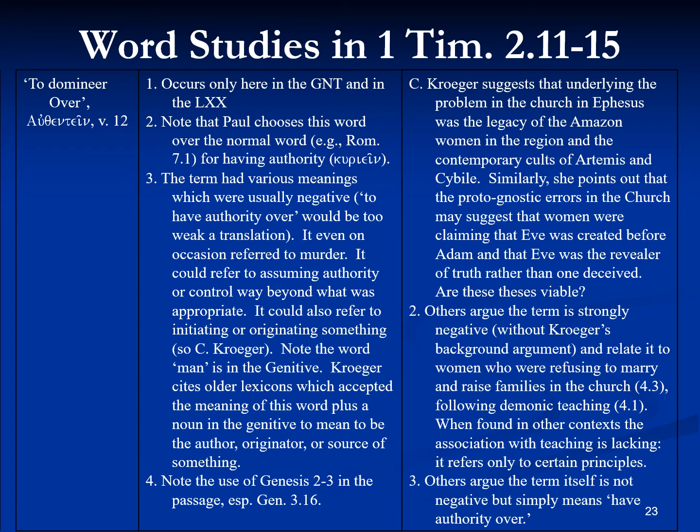It refers only to certain principles. And others argue the term itself is not negative, but simply means, like kuriein, to have authority over. And that's where we now get into moving from the possible meanings of the word into our interpretation of the text itself.